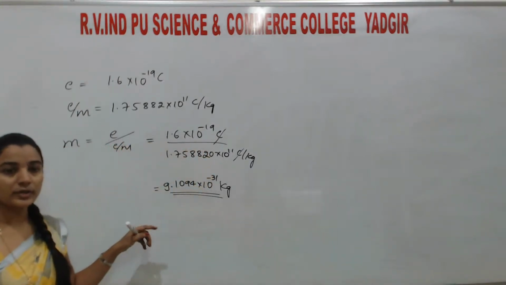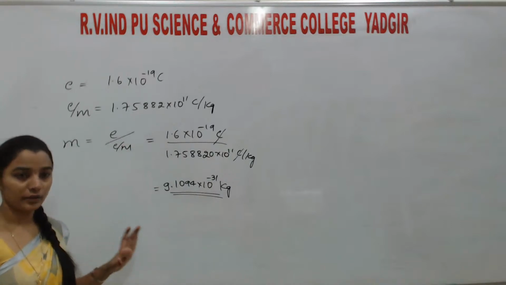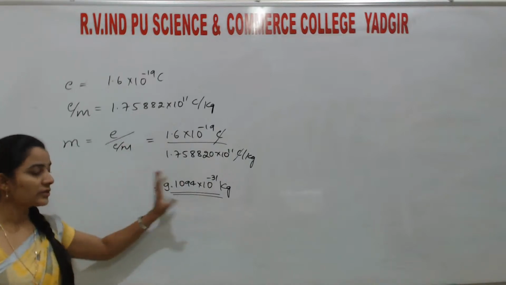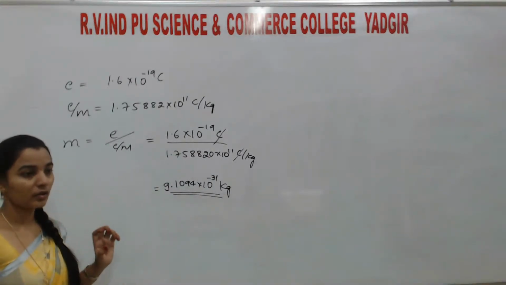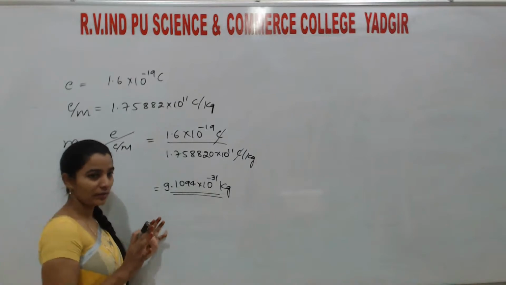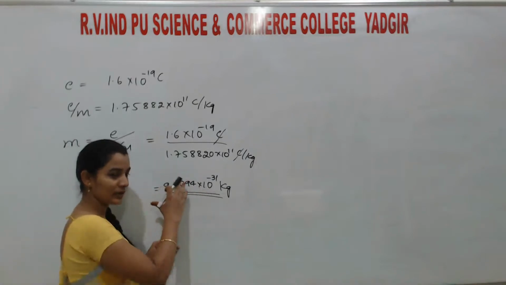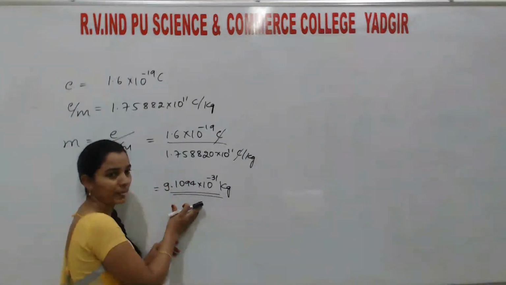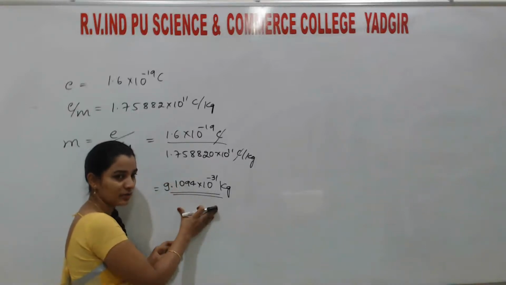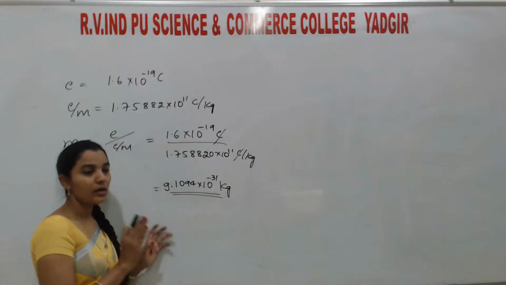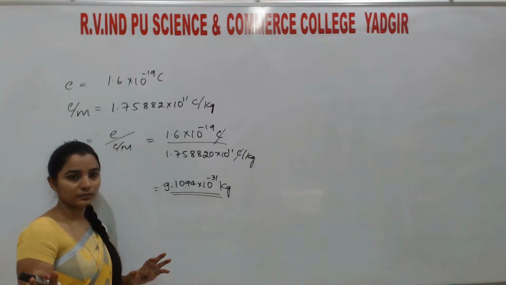Understood? This is the mass of an electron. The charge we discovered, and this is the mass. Remember, later I will say what the mass of a nucleus is and what this value is. So the mass value we got is this much, and at that time we considered this as the mass of an atom.